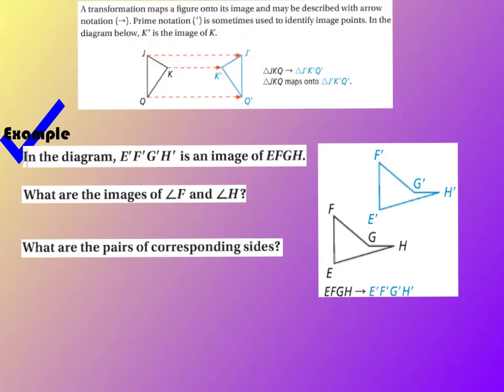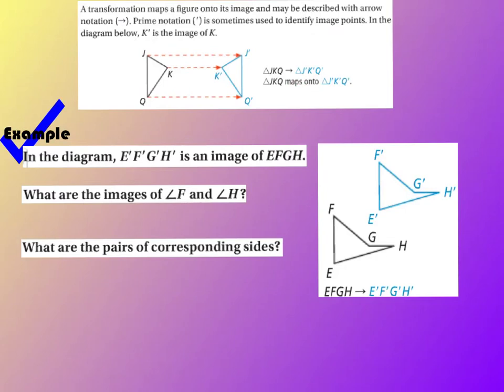That's your new point. K went to K prime. And Q went to Q prime. So when you talk about that triangle, triangle JKQ went to triangle J prime, K prime, Q prime. It was mapped to that. So that little arrow there means it was mapped onto this new triangle.